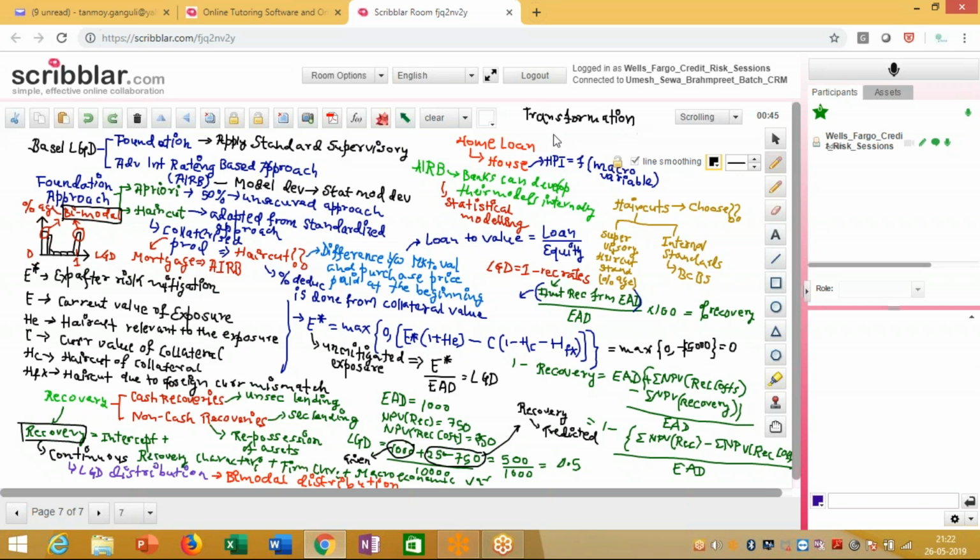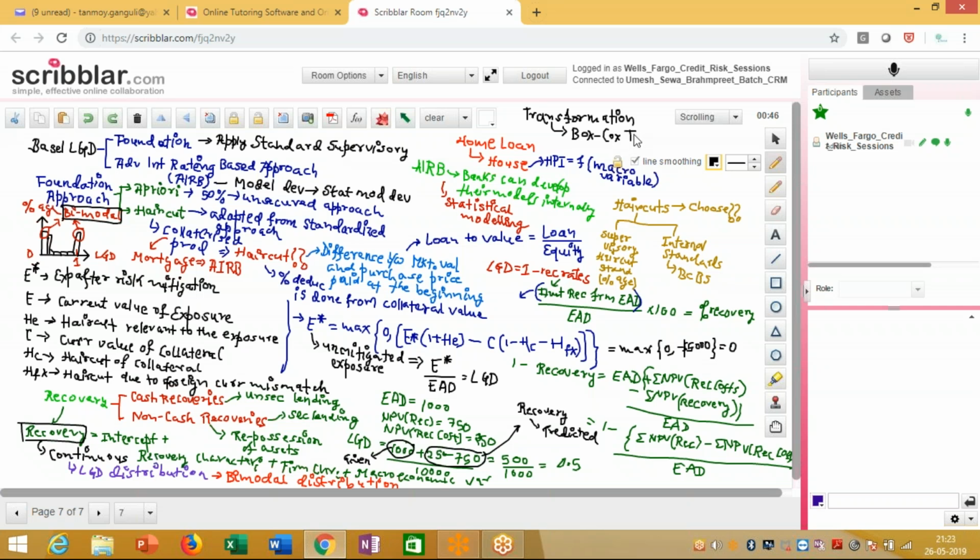Why do we need to make such transformations, what is their importance, and why do we need them in an LGD model? That is the next part that we talk about.